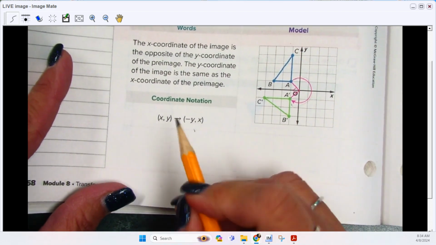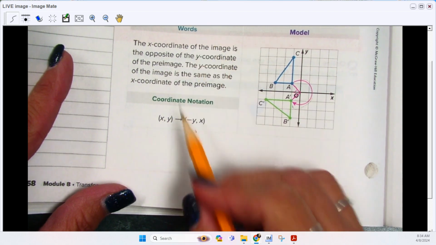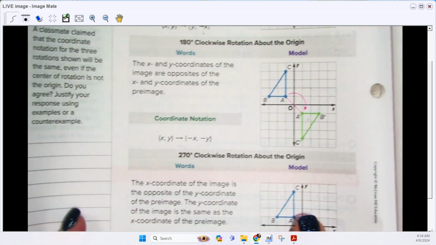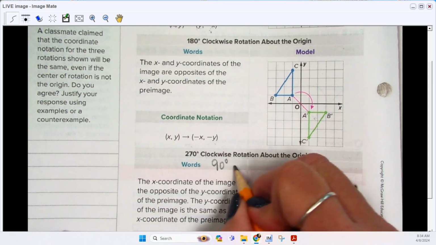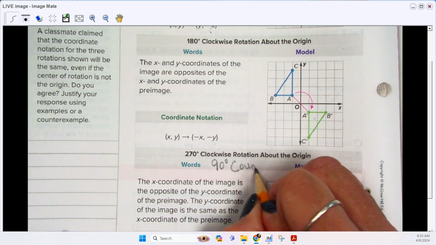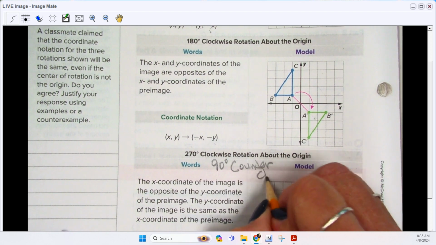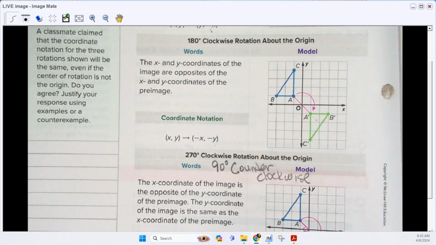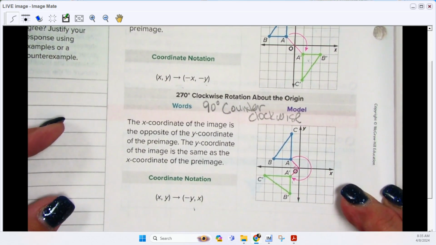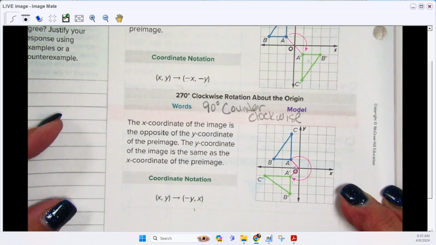Now, 270 degrees clockwise is the exact same thing as 90 degrees counterclockwise. Most books are going to talk about counterclockwise instead of using 270 degrees clockwise.